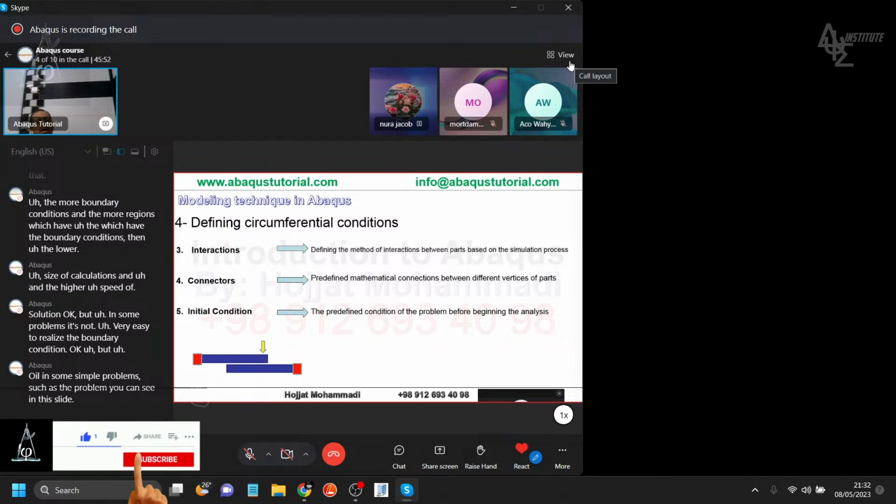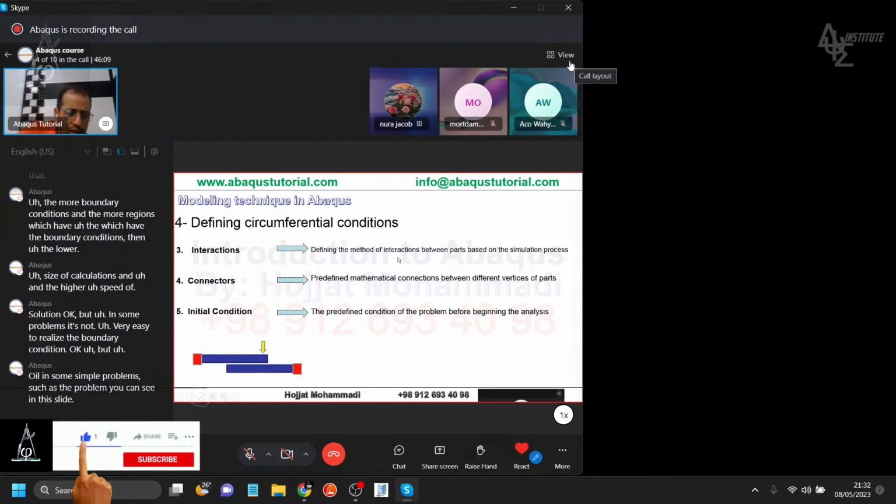So in these problems, connectors are very useful and help us to keep our problems as cost efficient as possible.